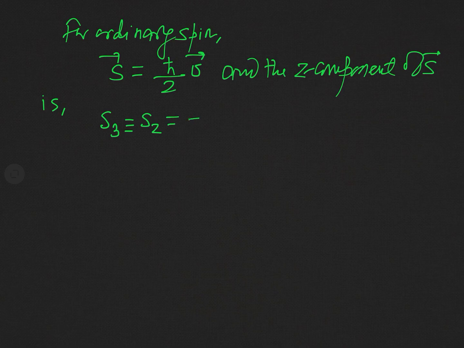So what is this SZ? You have studied in the topic of spin in quantum mechanics, this SZ is equal to plus minus h cross over 2. In fact, these are the general results which we study in case of the common spin.